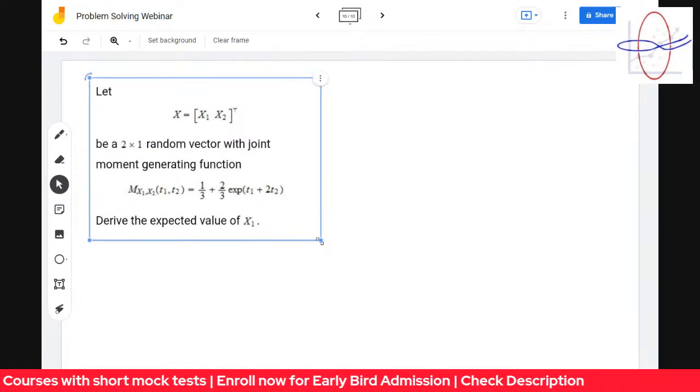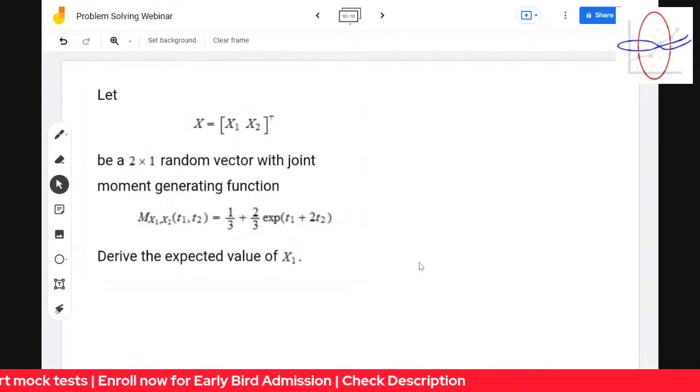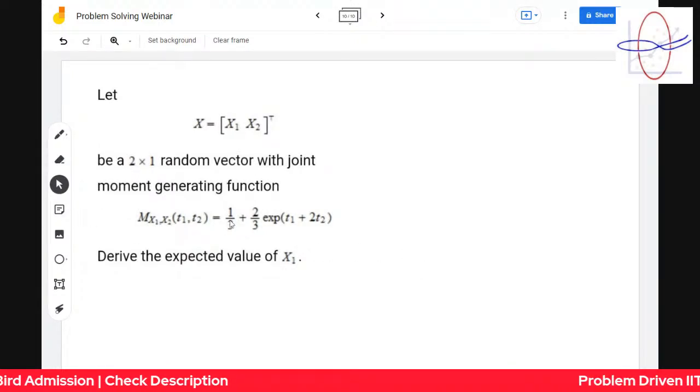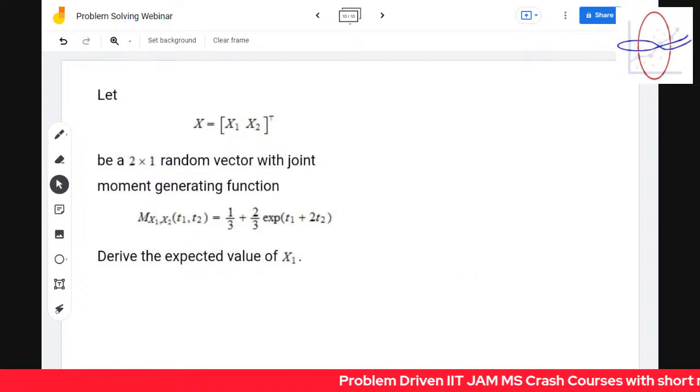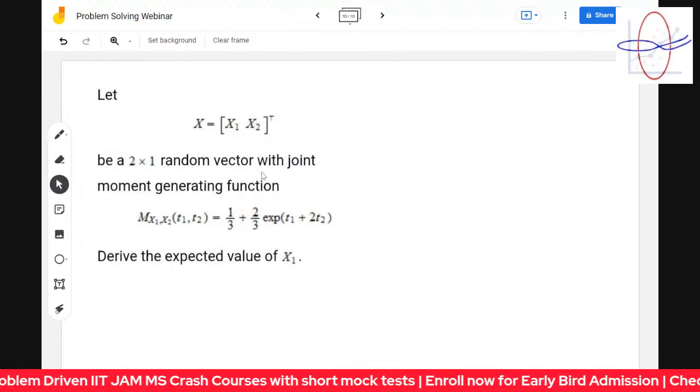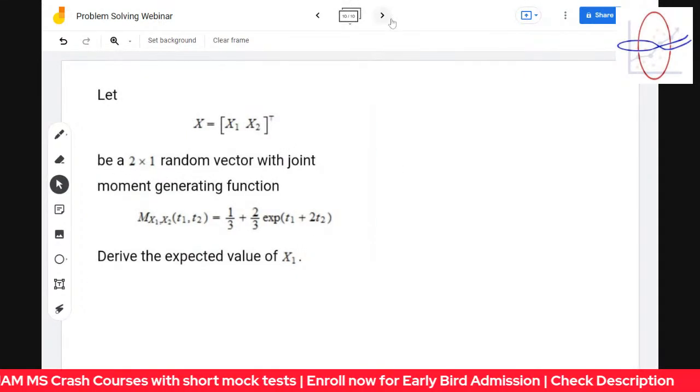The problem is asking X is X1 comma X2, a 2 cross 1 random vector with joint moment generating function. My question was not this one. Okay, sorry, my bad. We will do this also, okay?